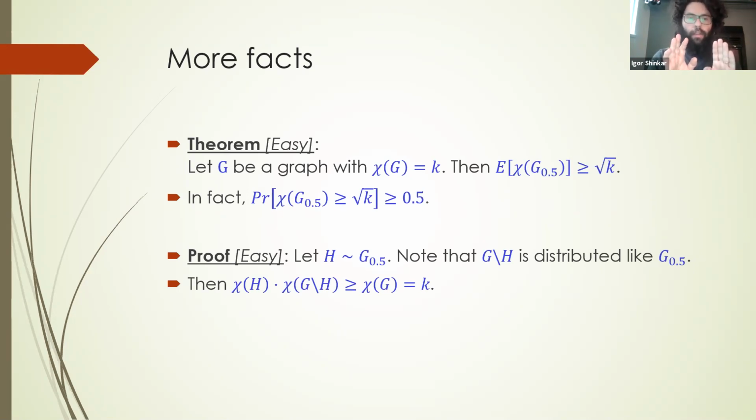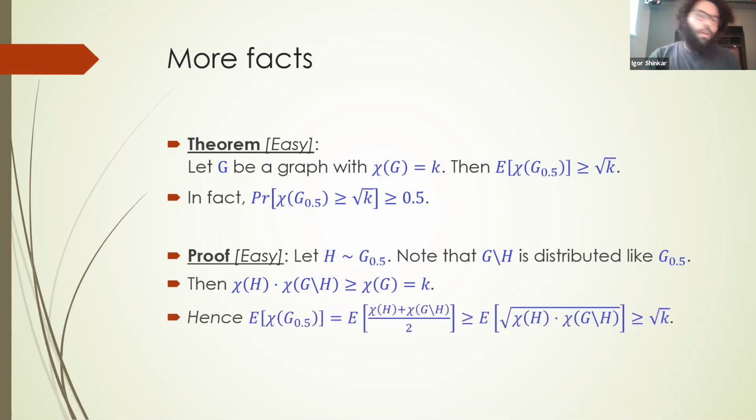So if I take the best coloring for H and the best coloring for the complement of H, and I take their product, so a coloring that satisfies all edges in H and a coloring that satisfies all edges in the complement, then this pair will satisfy all edges of G. So the product is at least the chromatic number of G, which implies that one of the two must be at least square root K. Not a hard proof, but it's a start.